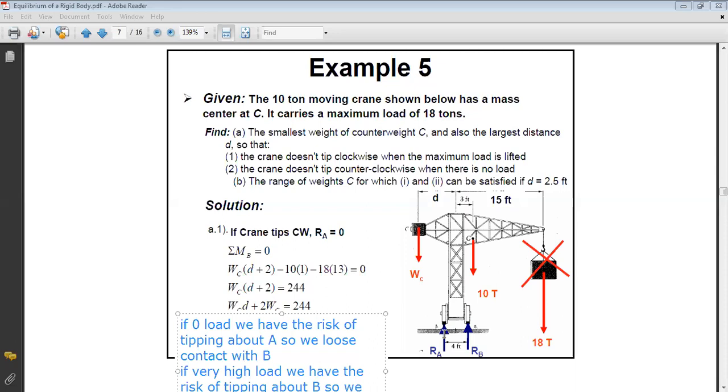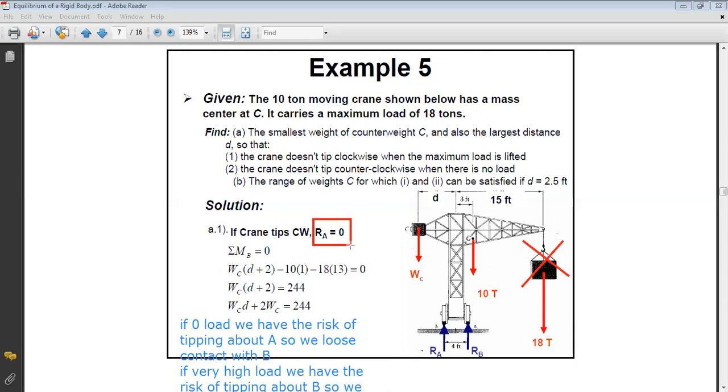Can I have a reaction with A in this case if I lose contact with A? No, no reaction. This is why for the first critical scenario, I say that if I reach this weight, then the reaction at A becomes 0 because I am at the moment where I will begin to lose contact with A.